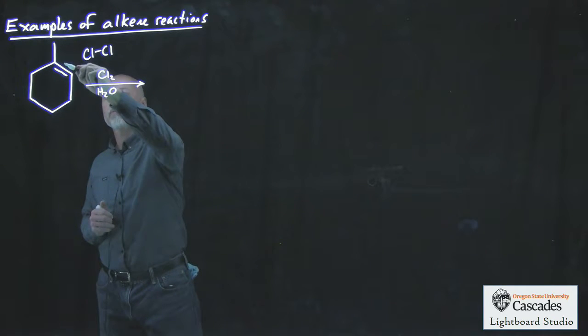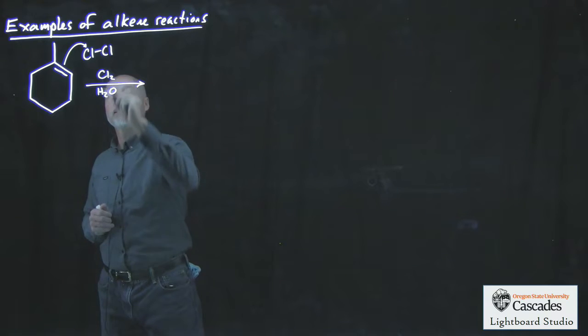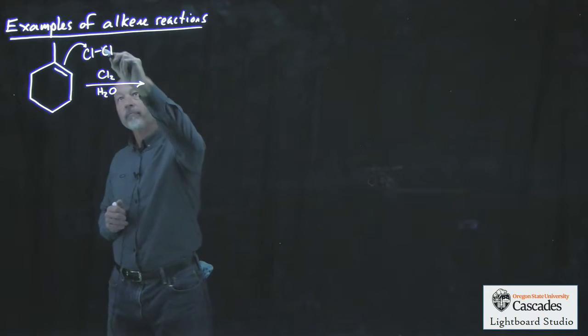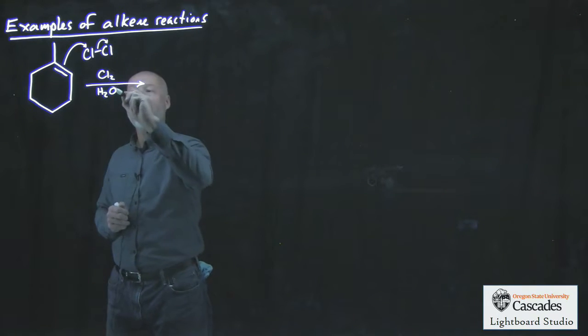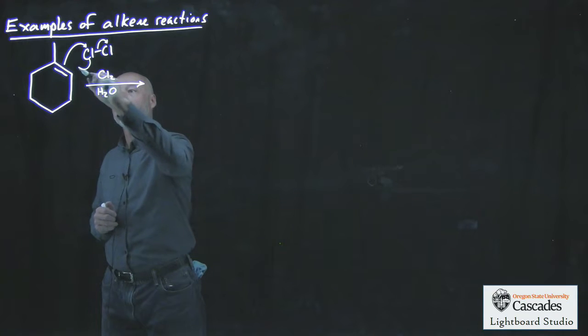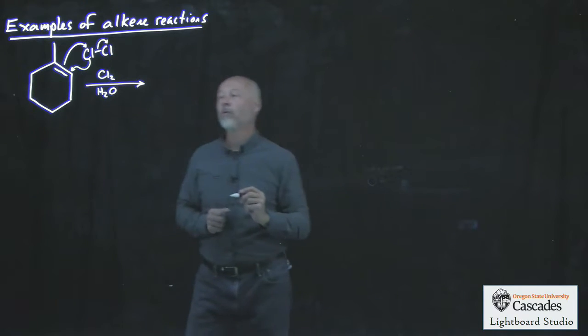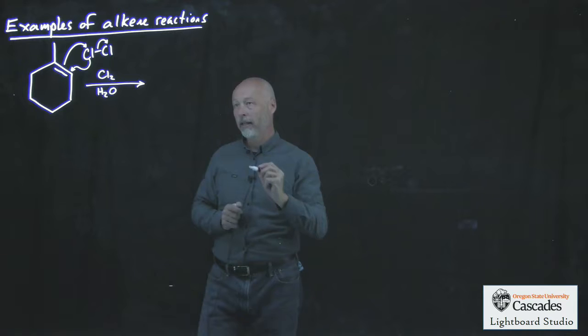So the first step of this reaction mechanism is the nucleophilic attack, cleaving the dihalide, which then allows another bond to form from the chlorine in this case.